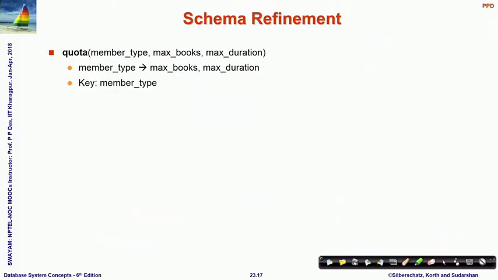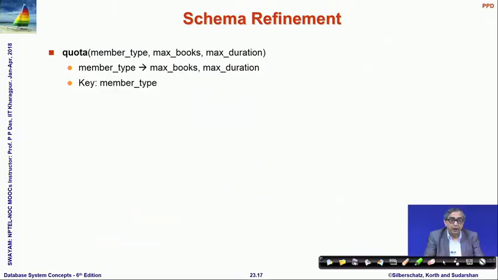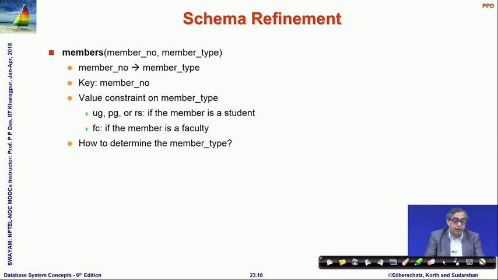This is already in normal form, as you can see. Quota is a simple relational schema where member type determines the max books and duration, and that is the key, in normal form. For members, we have identified something like a member which should list all the members of the library.